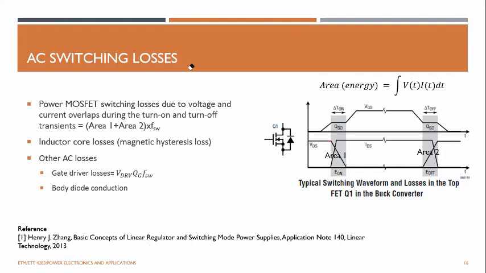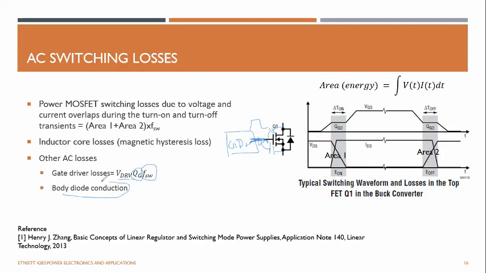Other AC losses are due to the gate driver losses. You have to provide a gate driver. If you know the gate drive voltage, and the gate charge, the total charge of these capacitances, which you can find from the data sheet, and the switching frequency, based on that there's a heat dissipation of the gate driver.